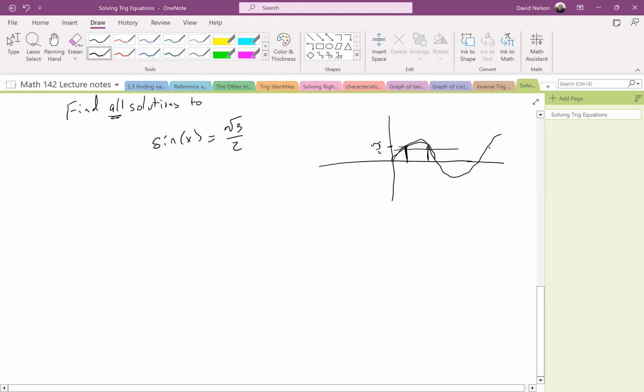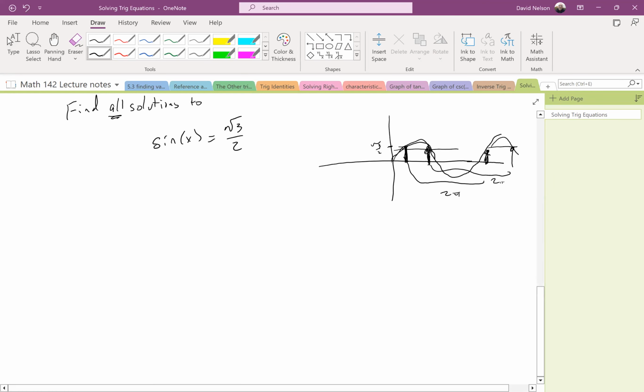Then the distance from this solution to the next will be 2 pi, because the period of the sine function is 2 pi. The distance from our second solution to the fourth solution going out is also 2 pi, and that's going to continue every 2 pi. So I need to find these two solutions and then add 2 pi k to say that we're talking about all of them.